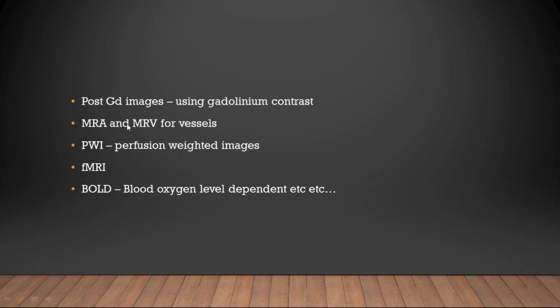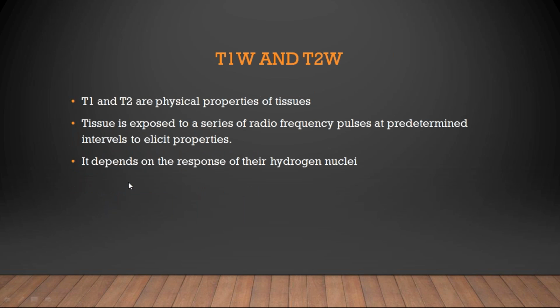So by that we can know whether the tissue is infected or not. And similarly, functional MRI and BOLD MRI. BOLD MRI uses the blood oxygen level dependent signal, and these kinds of sequences are available.